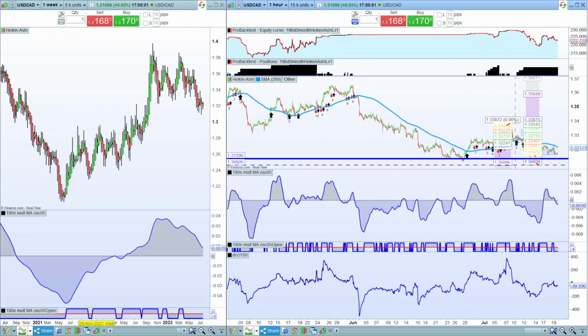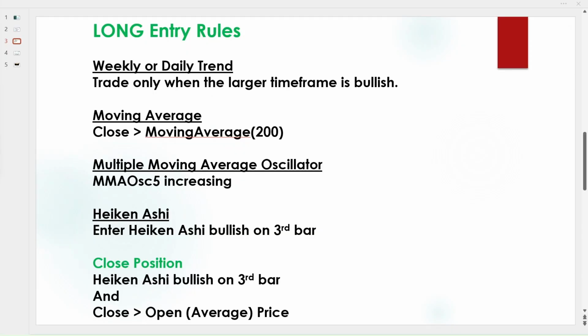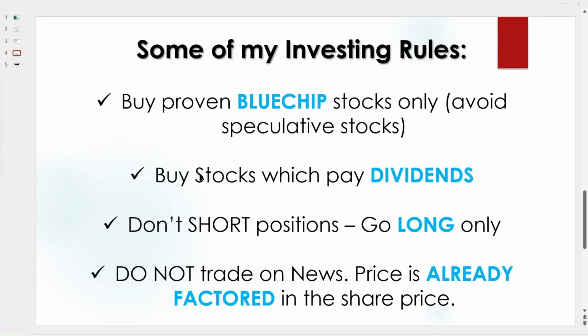Lastly, I want to show you as well, going back to some investing rules. You've probably seen this slide previously, but now I've shown you here the currencies. I do trade the currencies and commodities, but I'm just advising you, if you're relatively new to trading, first of all, try and use paper trading as a starting point and apply this in a test environment.